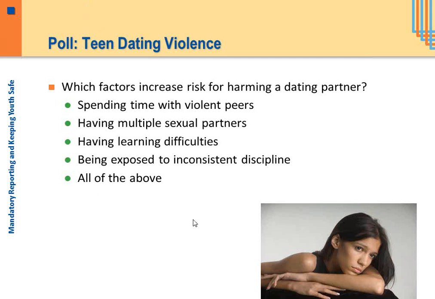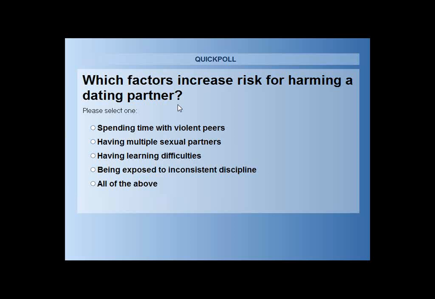The first question is, which factors increase risk for harming a dating partner? The options include spending time with violent peers, having multiple sexual partners, having learning difficulties, being exposed to inconsistent discipline, or all of the above. I'll launch the poll, and everybody can have an opportunity to answer. I'll give you about 30 seconds.